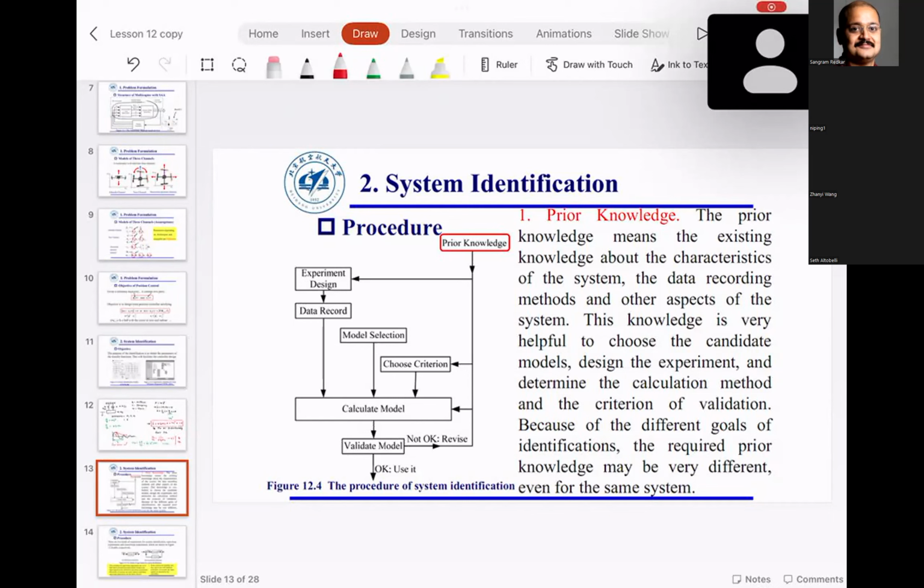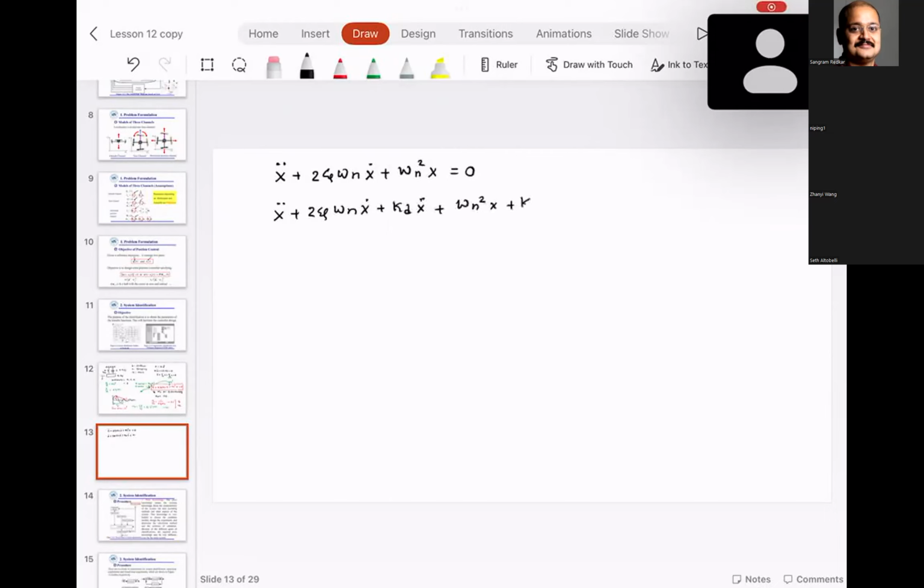I'm going to add the controller, which has Kd plus omega n square X plus Kp times X is equal to 0. So now my equation will get changed to something like this: 2 zeta omega n plus Kd, X dot, plus omega n square plus Kp, X is equal to 0.